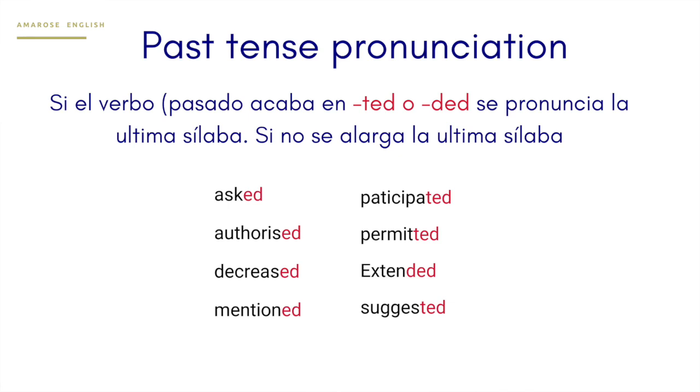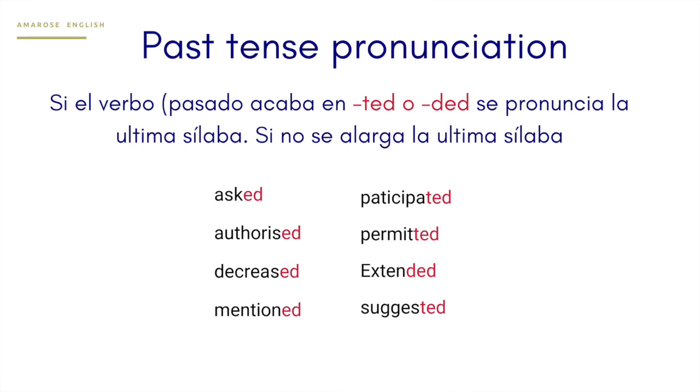So, for example, asked, it's not "asked-ed". A lot of people say that for asked or authorized, and that is the incorrect way to pronounce these words because they don't end in TED or DED.